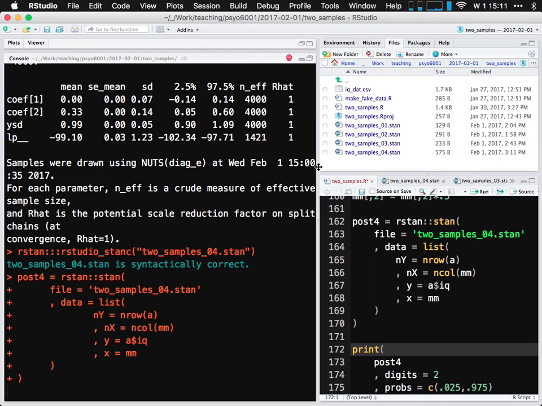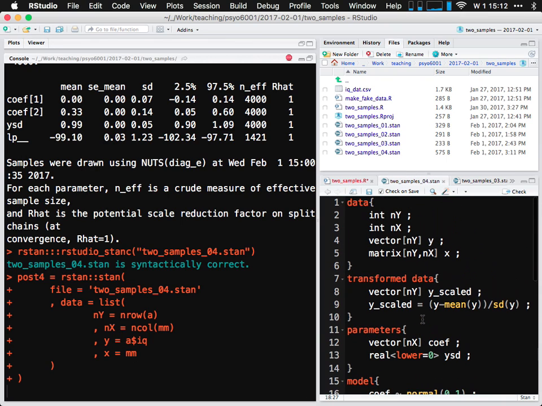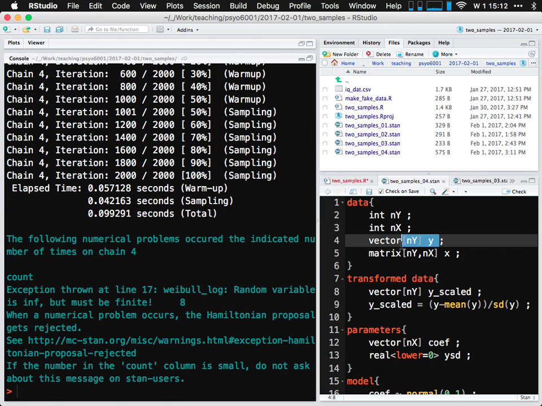Could you go back to the Stan file? When does ny get used, or how? It's just counting the number of entries in y. So we needed ny to initialize this vector of the number of entries in y, the total number of IQ scores that we've measured, which is 200, 100 per group. Where does that get used ultimately?